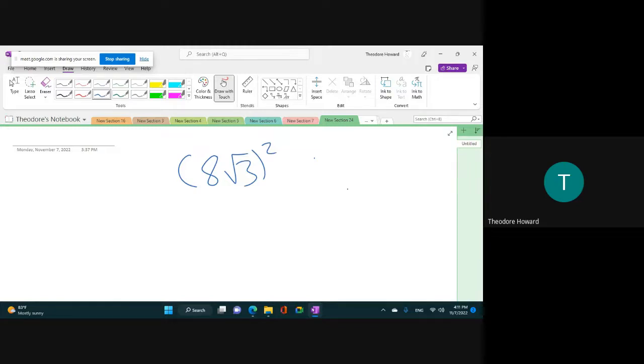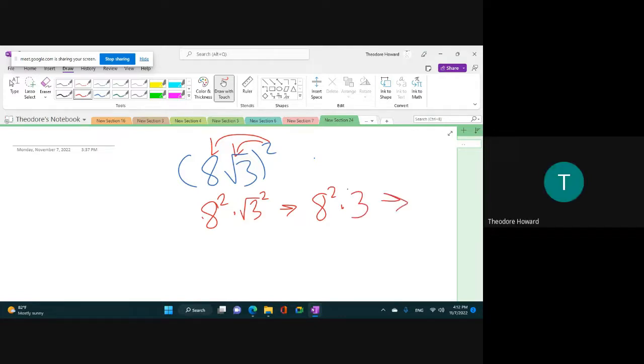So what we're going to do is 8 squared, and cancel out the square root.